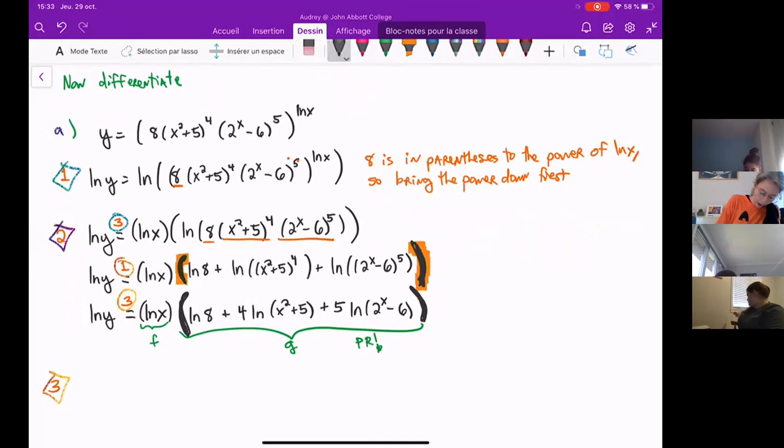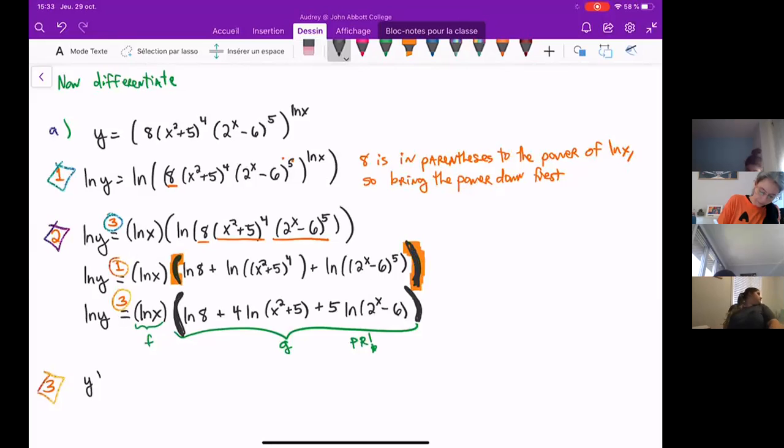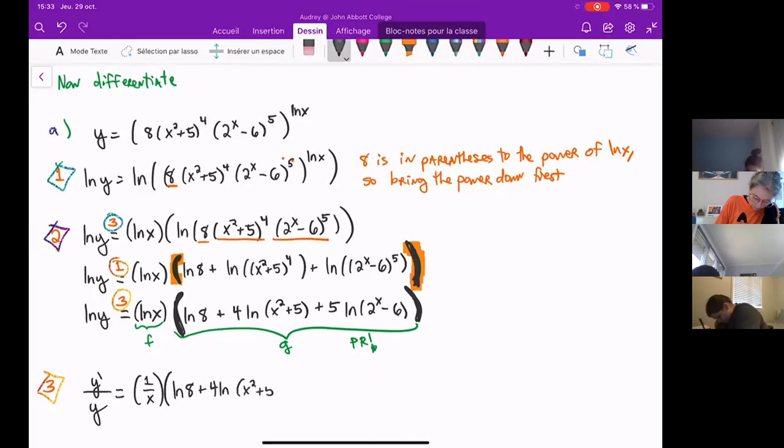So I'm going to get y prime over y is equal to the derivative of the first times the second plus the first times the derivative of the second.